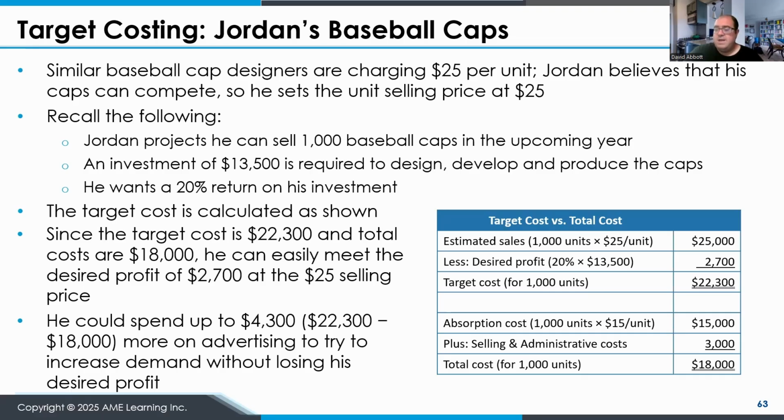So we have the estimated selling price, we minus the 20% profit. That gives us the target cost. And so we have our absorption cost per unit, and then we add our selling and administrative. So then our total cost is 18. So his target cost is 22.3, but his actual total costs are going to be 18. So he's doing really well there.